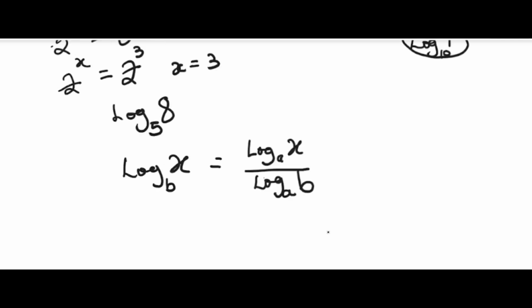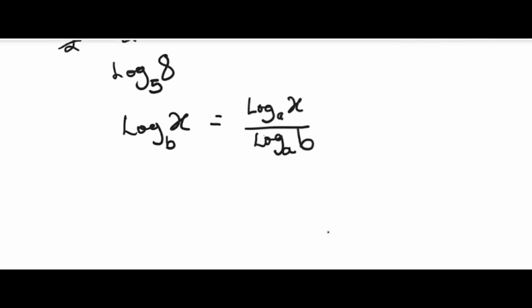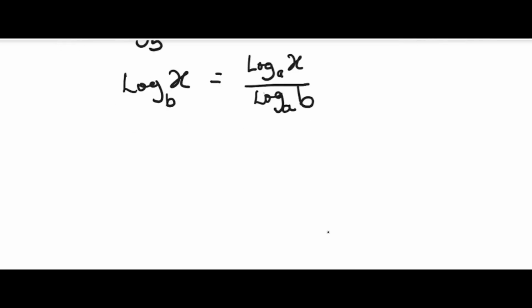Now let me give you an instance of what I mean by a base common to both of them. If I have log 4 in base 8, now we all know that 4 is not a multiple of 8, right? But both of them are multiples of 2. Since 4 and 8 are multiples of 2, they can have 2 as a common base.